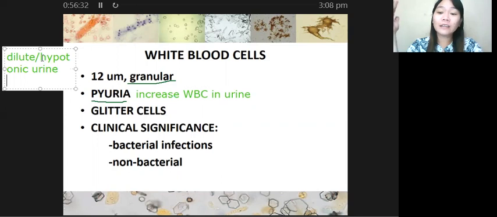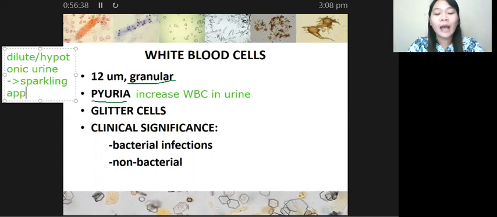Particularly, your glitter cells have a sparkling appearance. Which portion of your WBC has it? We have the cytoplasm.